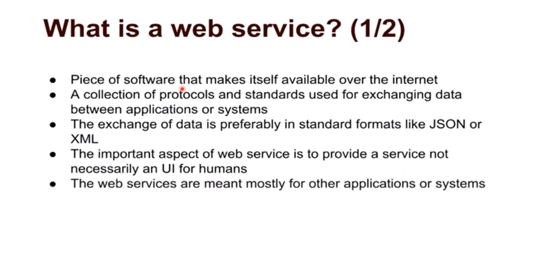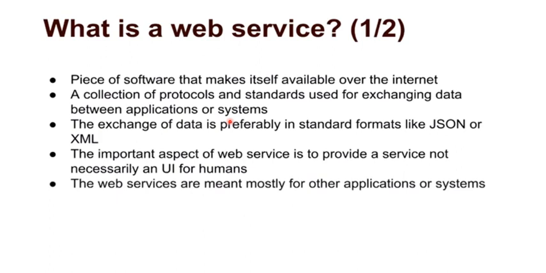The next point is the collection of protocols and standards used for exchanging data between applications or systems. When we talk about systems, sometimes they are homogeneous in nature, and sometimes they are heterogeneous. Then it is difficult to exchange data between heterogeneous platforms.